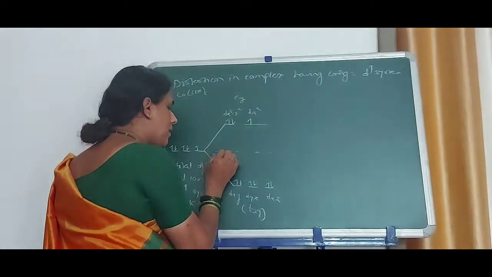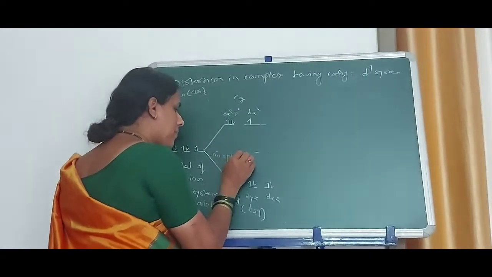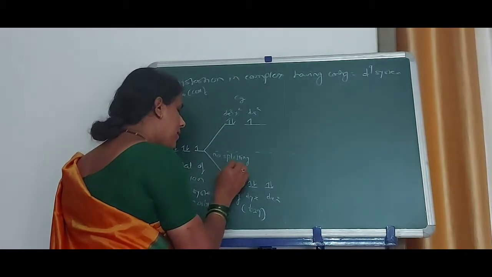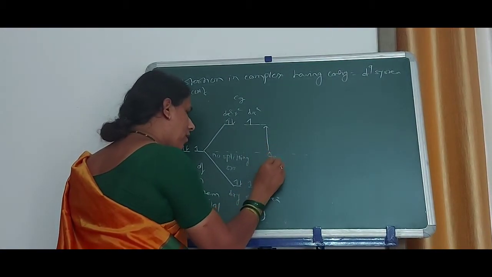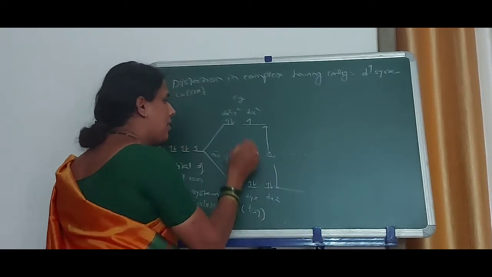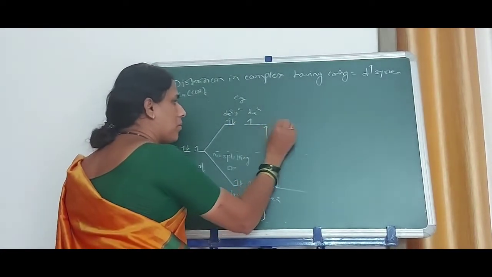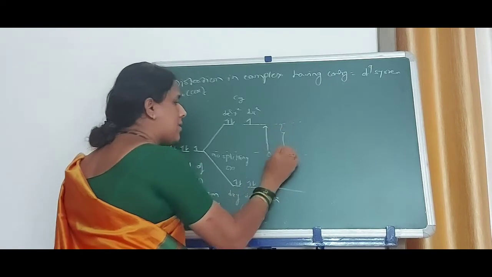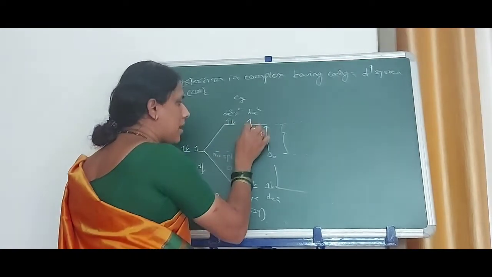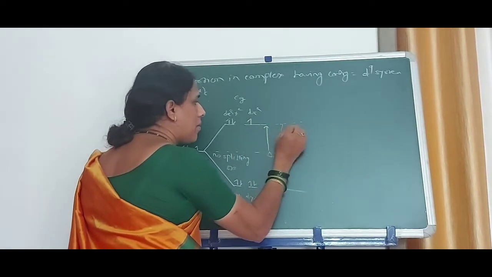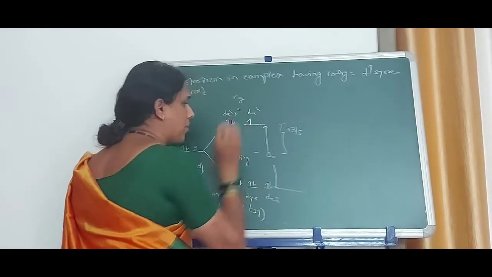Here is the no splitting state. This is called delta of octahedral complex. Okay. Now this energy is equal to how many orbitals? That is equal to 5. How many are remaining? 2. Therefore plus 3 by 5.